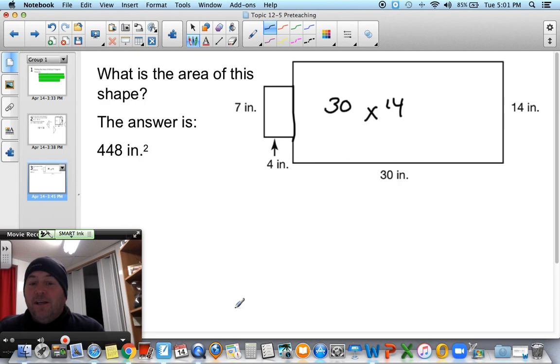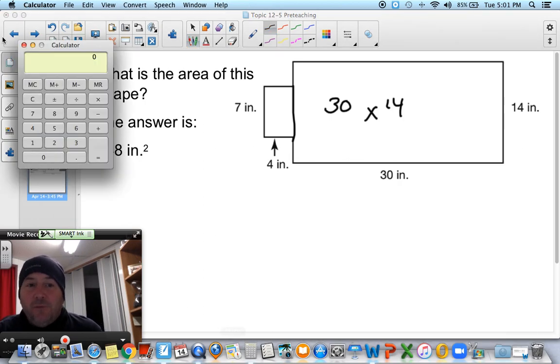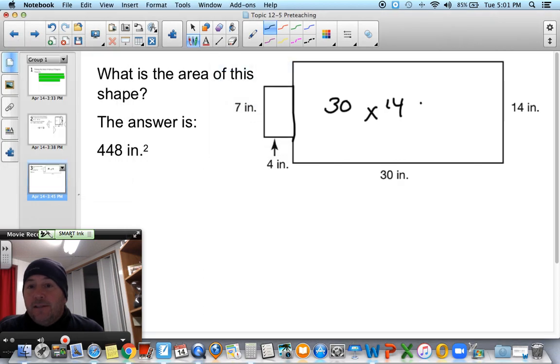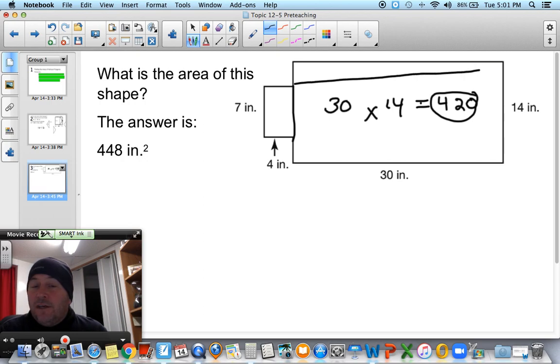So if we take the calculator and we bump it in there, we're going to go 14 times 30, which equals 420. So this inside right here is going to be equal to the 420 square inches.